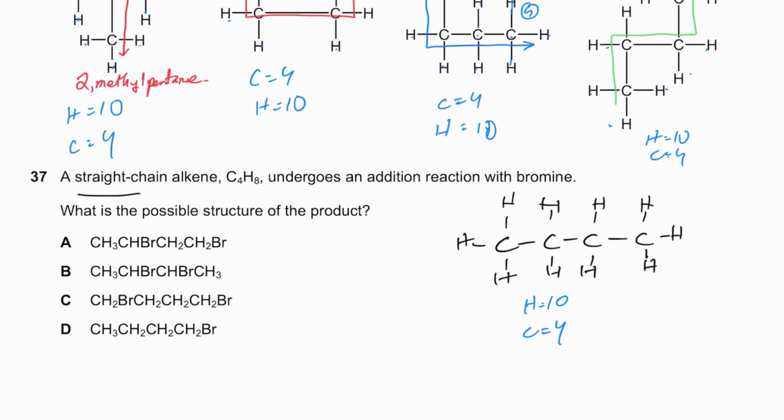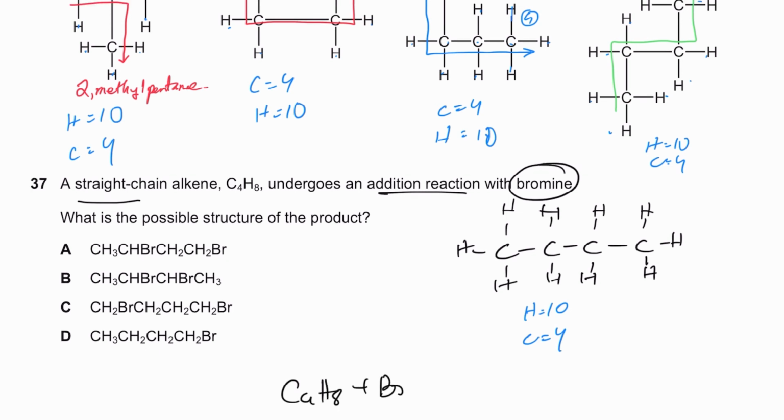The straight chain alkane undergoes addition reaction with bromine. So addition reaction, C4H8 plus Br2. So when it goes through an addition reaction, it's going to form the exact same thing. Or basically 1, 2, 3, 4.